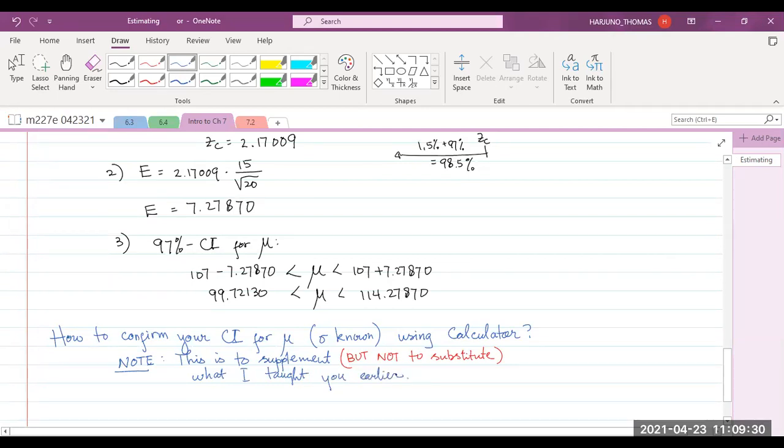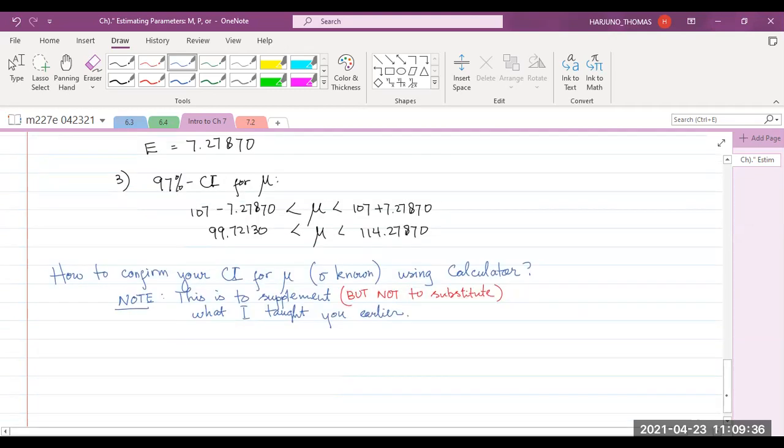You always need to show these 3 steps procedure. Your final answer may be checked, confirmed using calculator.